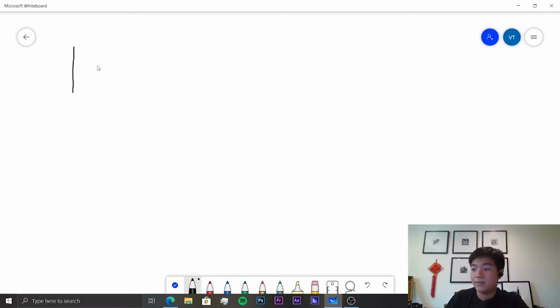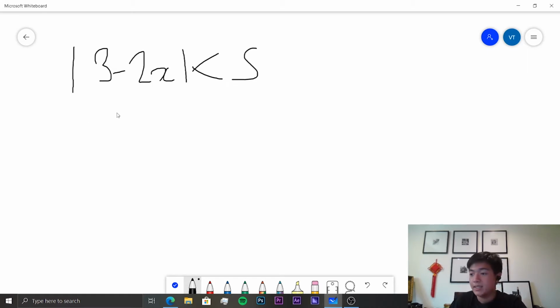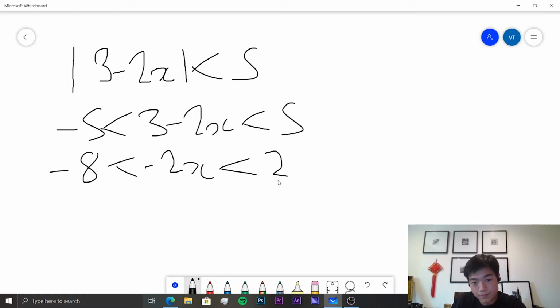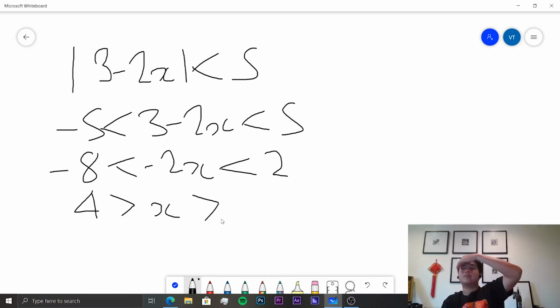Next one we have the absolute value of 3 minus 2x is less than 5. And again, we can use the same property that negative 5 is less than or equal to 3 minus 2x is less than or equal to 5. Negative 8 is less than or equal to negative 2x is less than or equal to 2. And so, of course, 4 is greater or equal to x, which is greater or equal to, wait, am I doing this right?